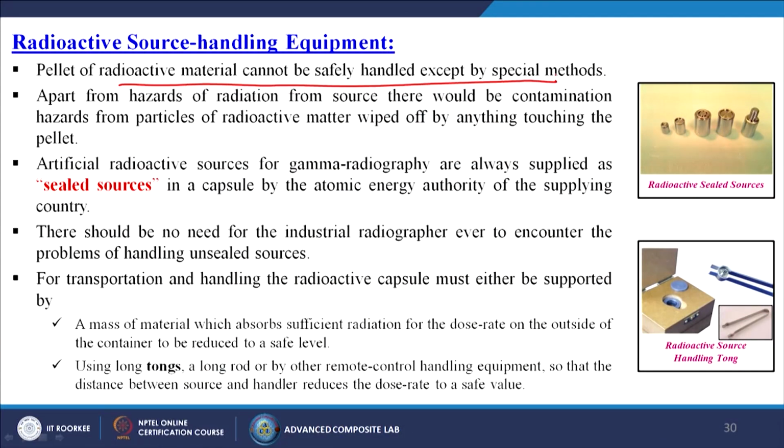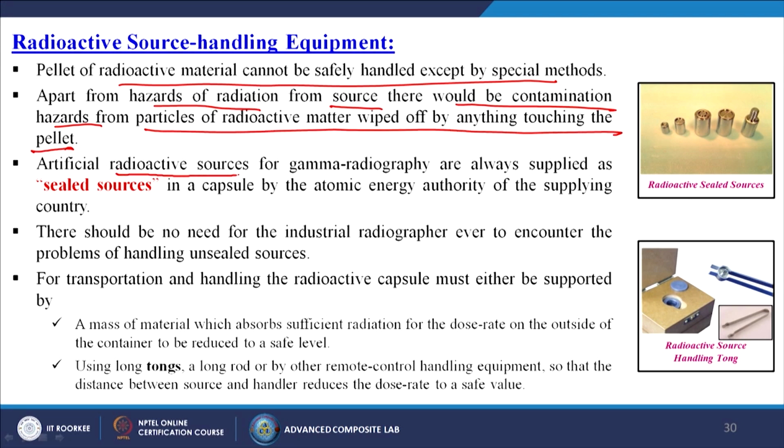Now, radioactive source handling equipment. Pellets of radioactive material cannot be safely handled except by special methods. Apart from hazards of radiation from the source, there would be contamination hazards from particles of radioactive matter wiped off by anything touching the pellet.